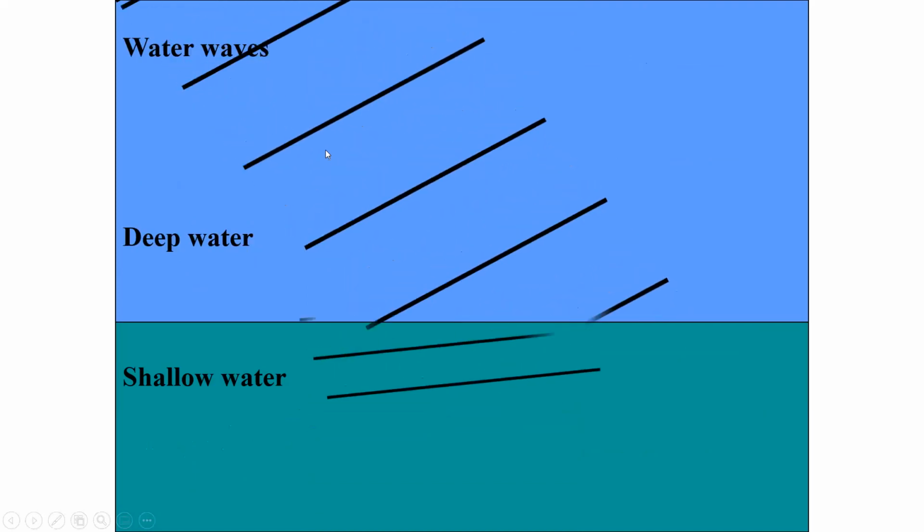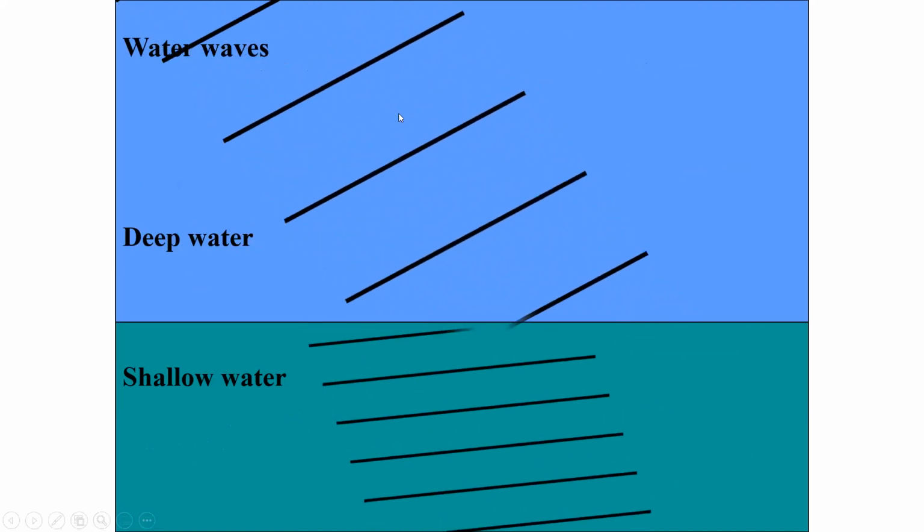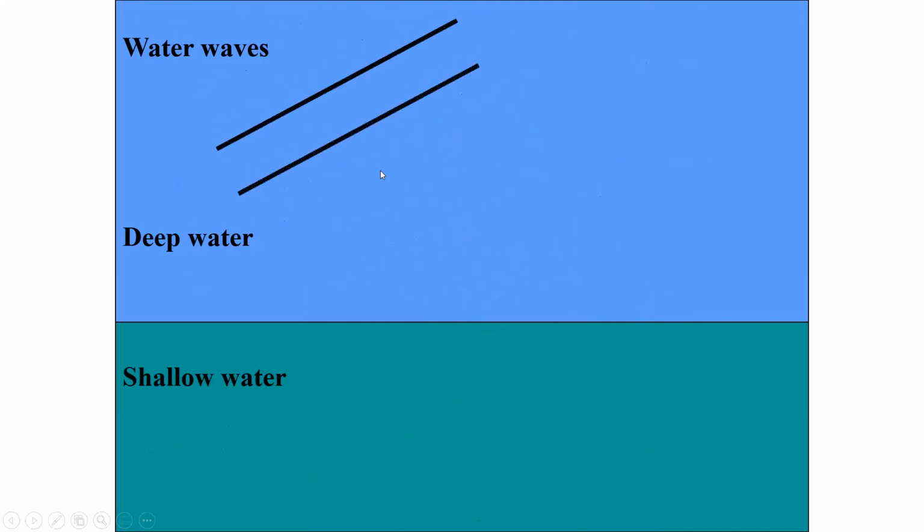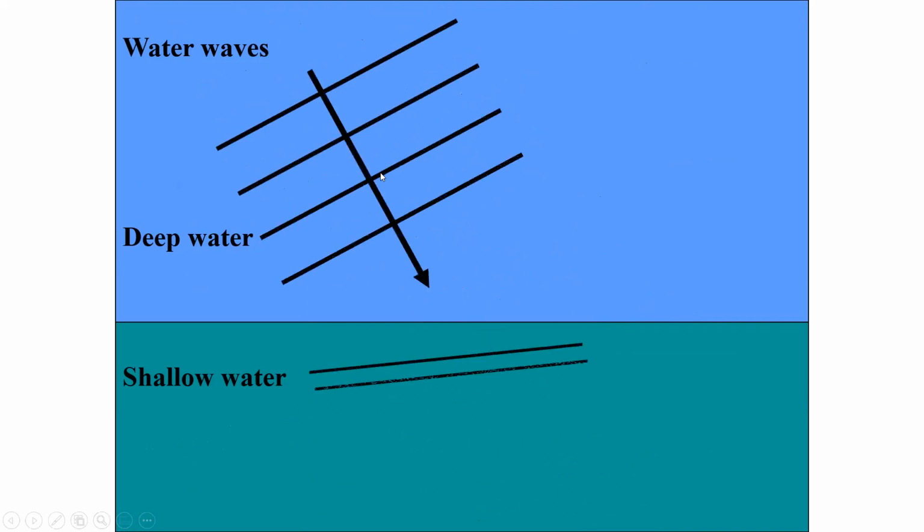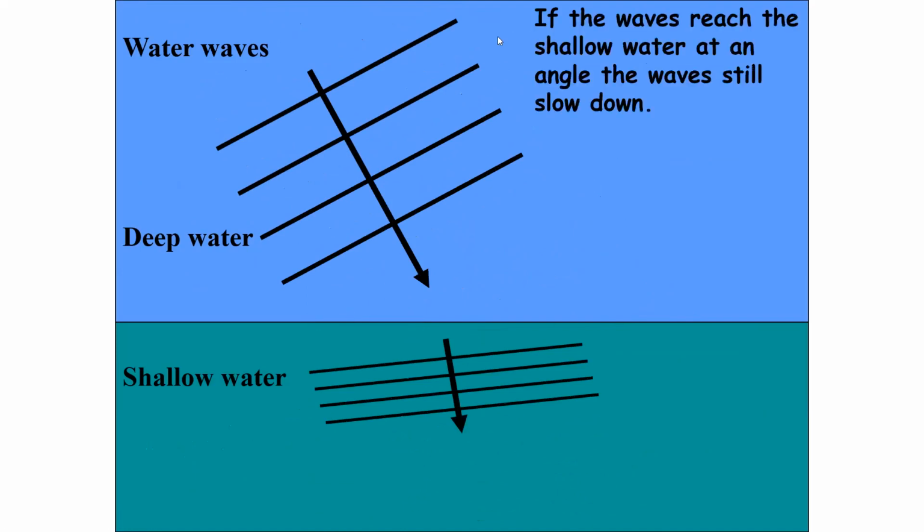When a wave travels at a certain angle from a deep region to a shallow region, the part of the wave which is in the shallow region will travel slower, so it will lag behind. If we show the wave front, the part of the wave front in the shallow region will lag behind, slow down, and the wavelength will also decrease.